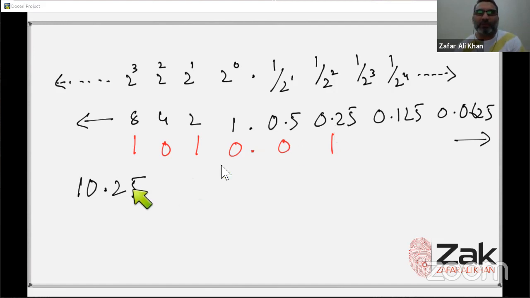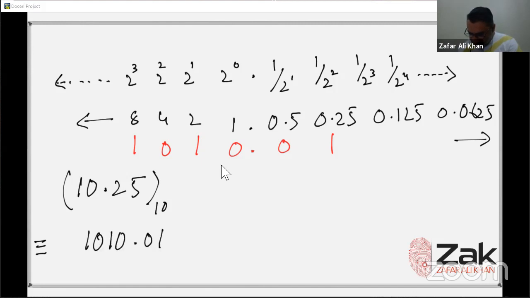So this represents 0.25, whereas for the 10, as usual in denary to binary conversion, the 0 multiplies 1, the 0 multiplies 4, 1 multiplies 2, and 1 multiplies 8, and 8 plus 2 becomes 10. So if it is in the denary form, in binary form this would be equivalent to 1010.01. So this is fixed point representation.